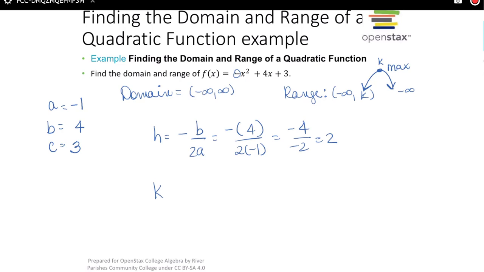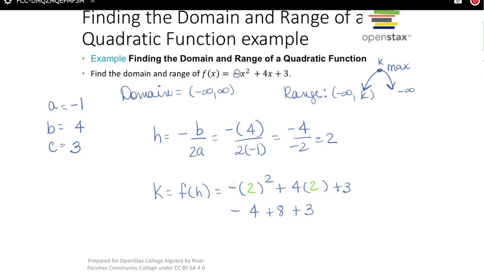And then for k, we're going to substitute this 2 back into the function. So negative 2 squared plus 4 times 2 plus 3. Two squared is 4, bring down the negative, so negative 4. 4 times 2 is 8, plus 3.